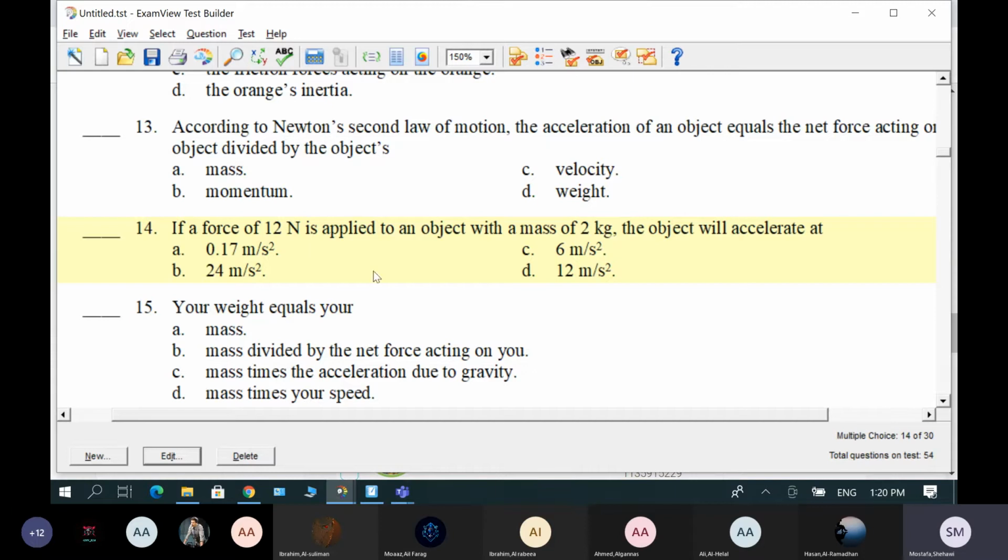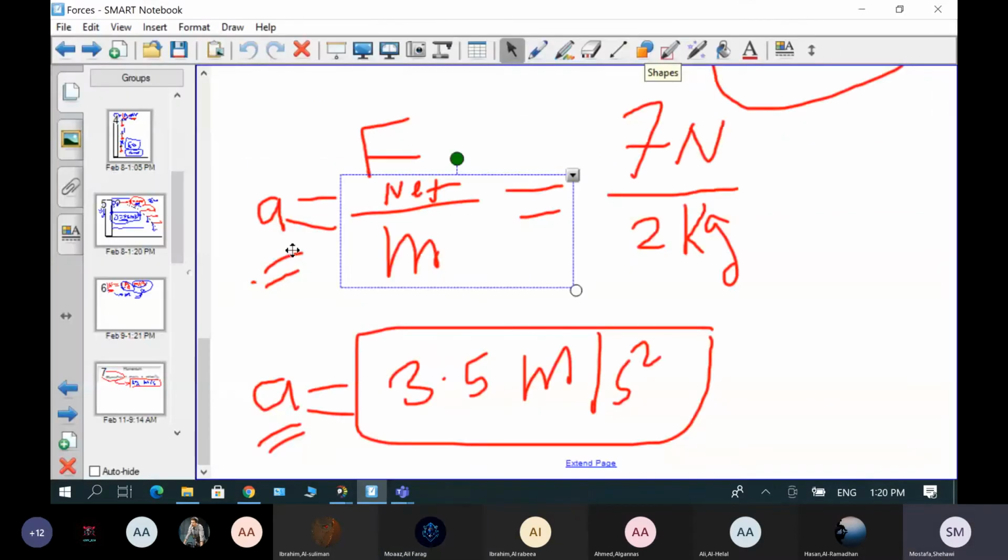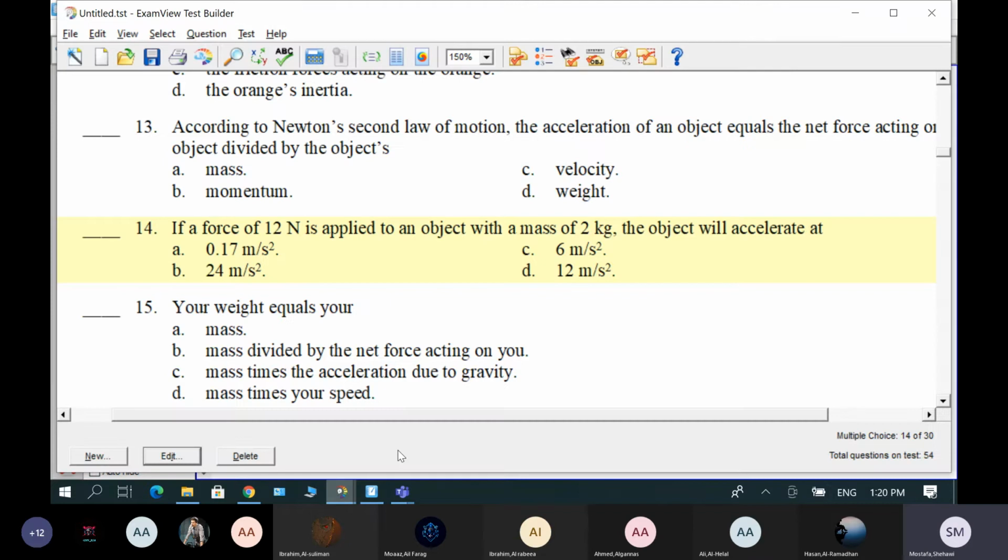So the answer would be 6. Yes. So 12, the force, this is the same rule here. Acceleration is force divided by mass. The net force is 12, the mass is 2. So the acceleration is 6 meters per second squared.